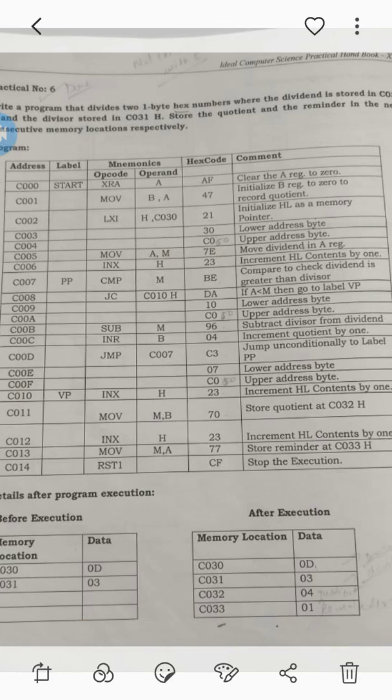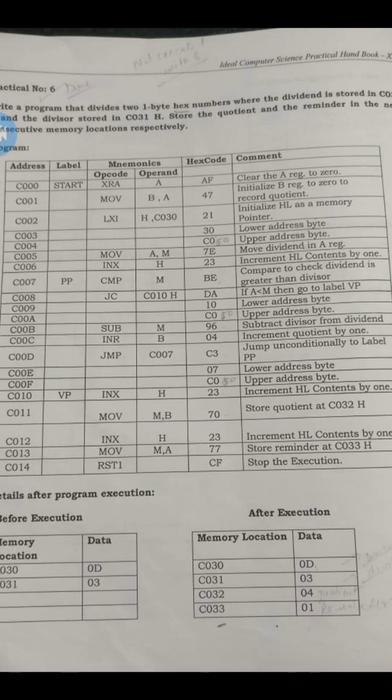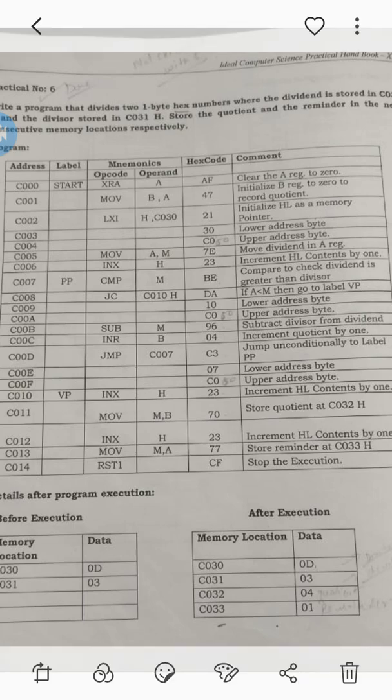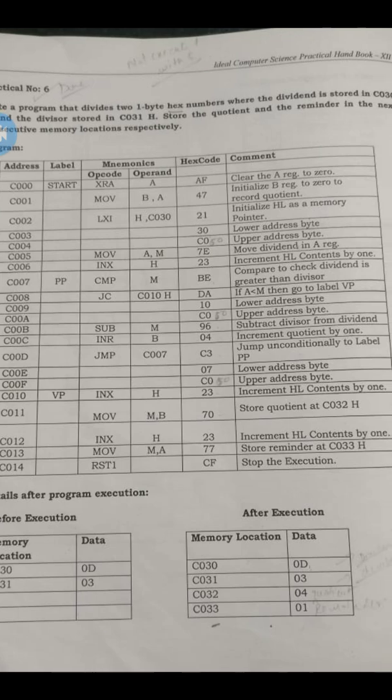Why are we using this instruction? We are using this instruction to clear the previous values of the accumulator and to clear the accumulator to 0, because we have to use that register. So XRA with operand A will clear the A register to 0, and the hex code of XRA is AF.